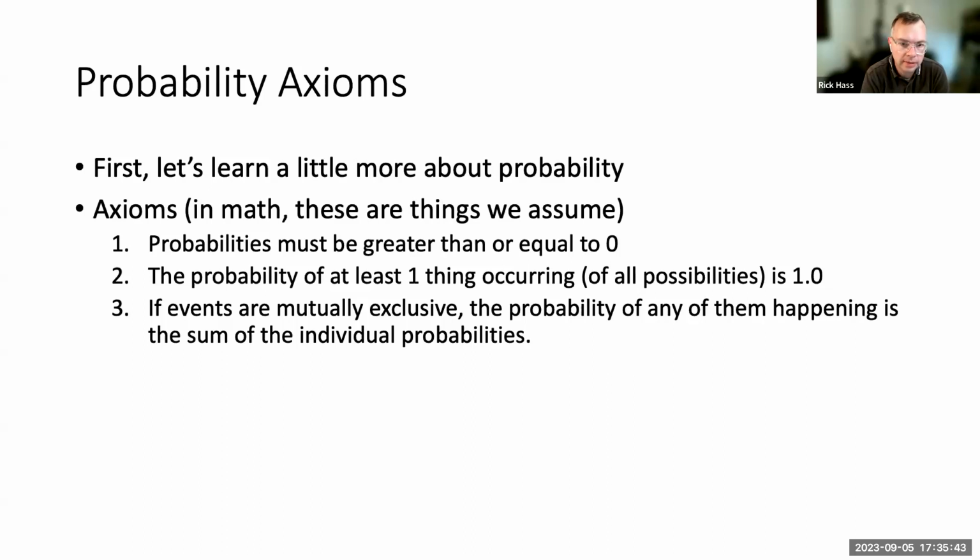The second axiom requires even more background, but let's just consider that in any experiment or observation that we make, we are certain to observe something. So if we're trying to understand the probability that a male has diabetes, we observe males; they can either have diabetes or not have diabetes.